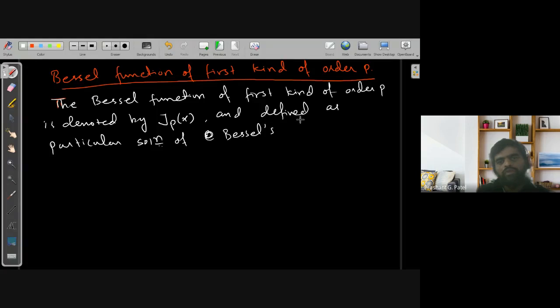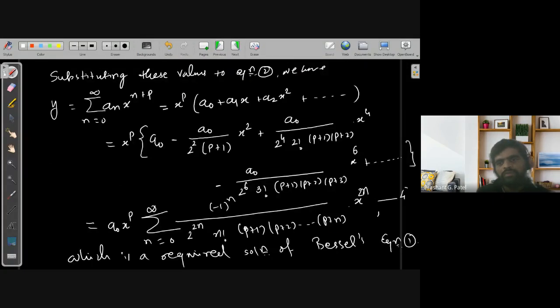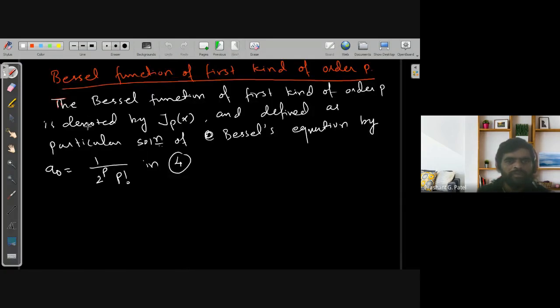As I told you, the Bessel's function is exactly the solution of Bessel's equation by taking the value of a0 equal to 1 upon 2 power p into p factorial into that last expression which we have here. This is equation 4. So in this expression, the particular value of a0 if we pick, that is a0 is equal to 1 upon 2 power p into p factorial.